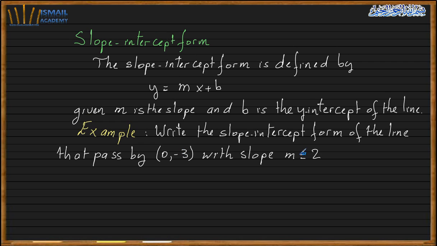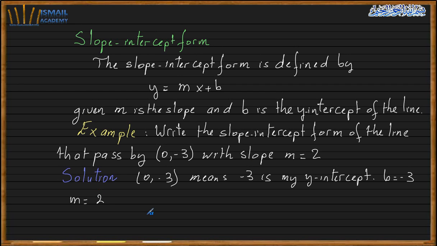So in that case, what I need to do is just set up a substitution. So my y minus 3 equals, we know now the slope is 2, so I just need to do what?